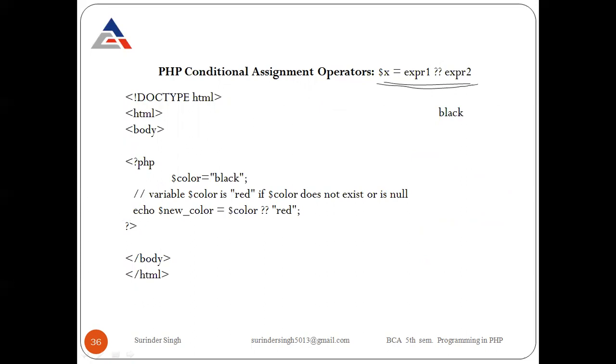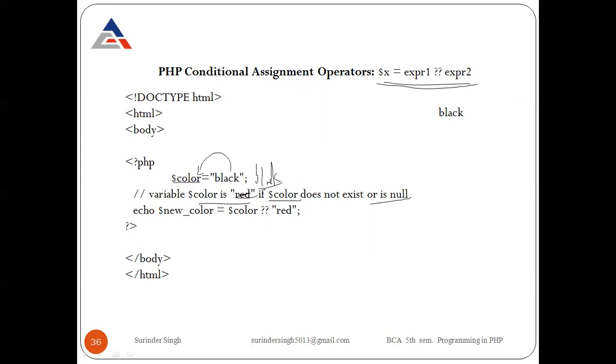In this example, we have a variable named color and we are assigning a value black to it. Clear? Variable color is black. What does it mean?